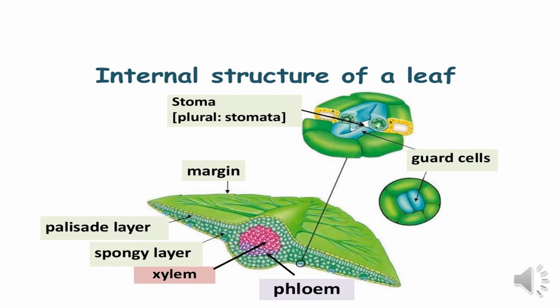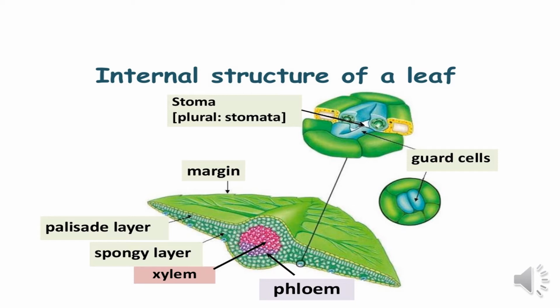Carbon dioxide is accepted by the plant through the stomata, and after entering the stomata, first the carbon dioxide enters into the spongy layer, because most of the stomata of the leaves are present on the lower epidermis. Next to the spongy layer, xylem and phloem vascular bundles are present.